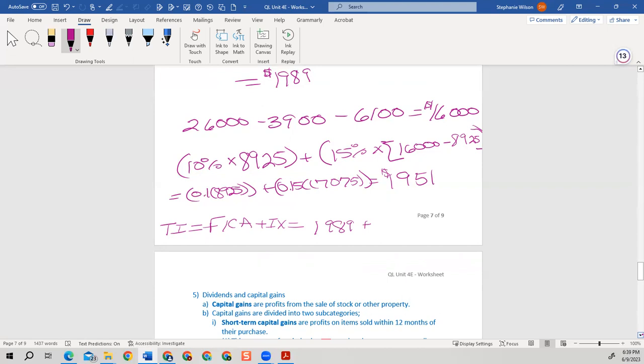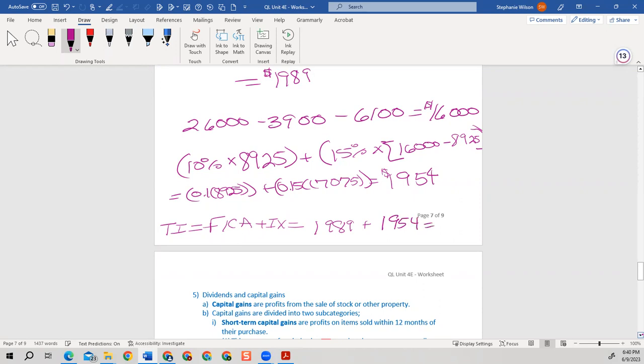Let me recalculate my stuff here. 0.1 times that 8925, we're adding that to 0.15 times 7075. Okay, so it should be 1954 here, because it was 1953.75, rounded up.